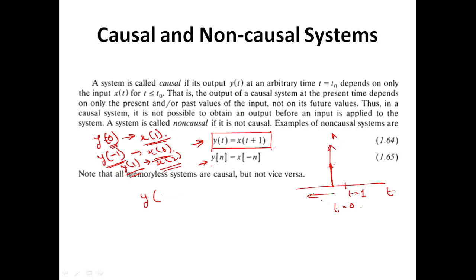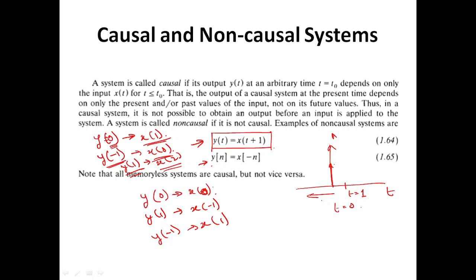Then let's consider the second one. y of 0 equals x of -1, right? Oh, sorry, x of 0. y of 1 is x of -1, then y of -1 is x of 1.